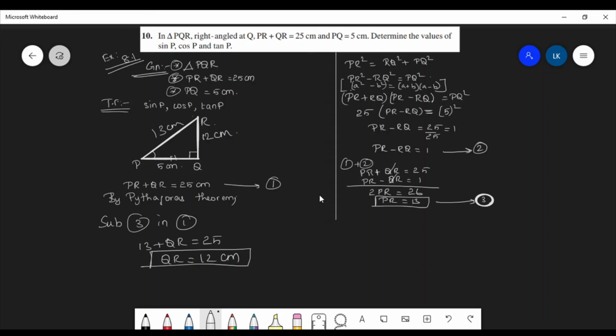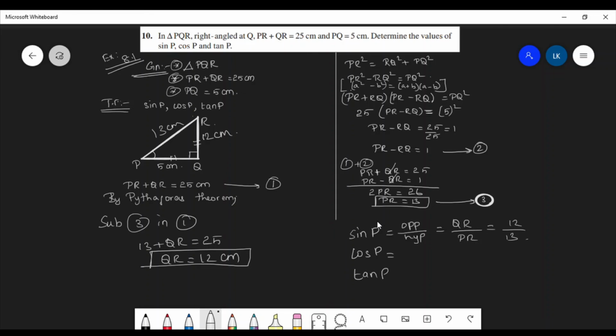Okay. Therefore, the notion of trigonometry is measuring 3 sides. We have found 3 sides of the triangle: 5 centimeter, 12 centimeter, and 13 centimeter. With this triangle, we are going to find sin P, cos P, and tan P. Sin P is opposite side by hypotenuse of P. Opposite side is QR by PR, which is equal to 12 by 13.